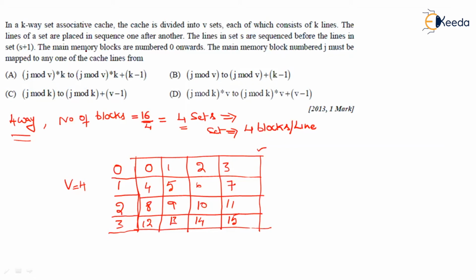Now, the lines of the set are placed in sequence one after another. These are the lines of a set which are sequenced one after another. Of course, lines of set S should be sequenced before lines of set S plus 1.